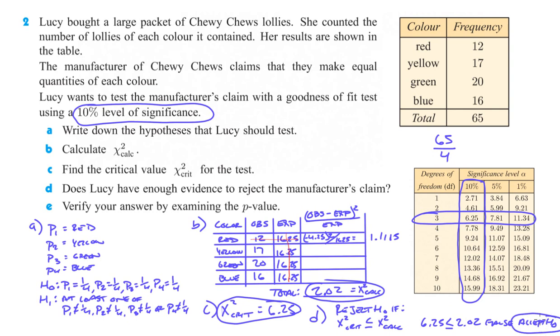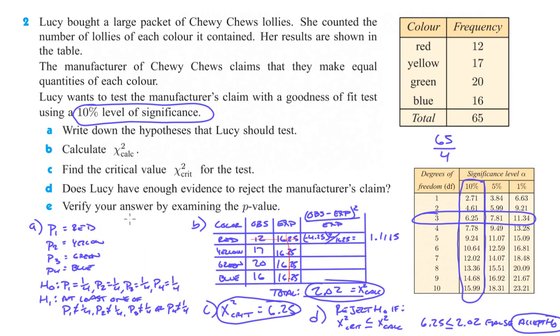So we're going to accept H0, which means way back here that our probabilities are pretty close, or close enough, at least at the 10% level of significance, to being equal to a quarter. We'll go back and use the wording that the question has. Does Lucy have enough evidence to reject the manufacturer's claim? Lucy does not have enough evidence to reject the manufacturer's claim.